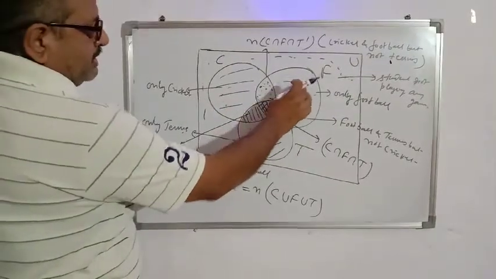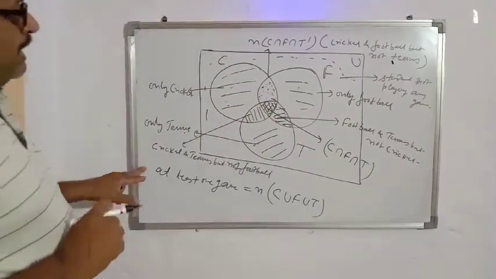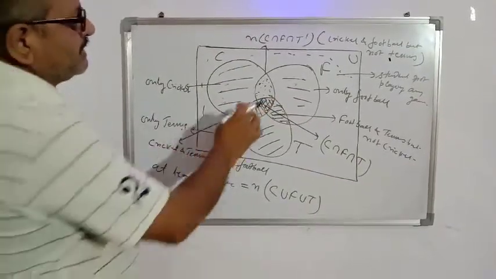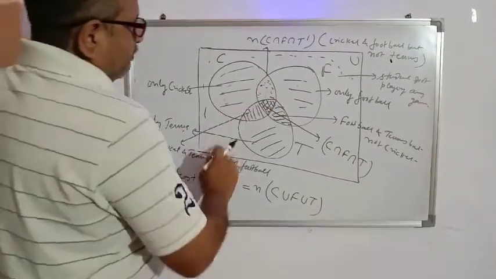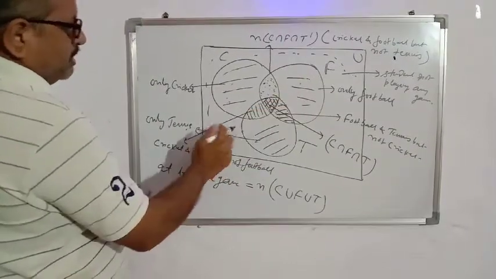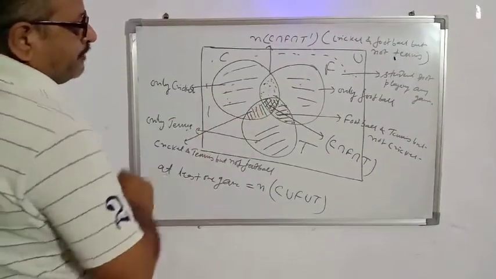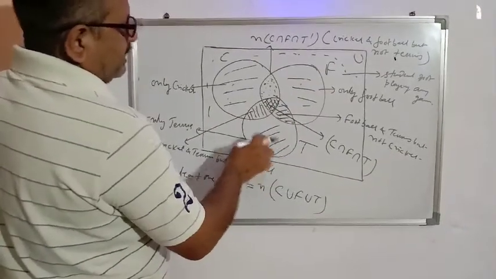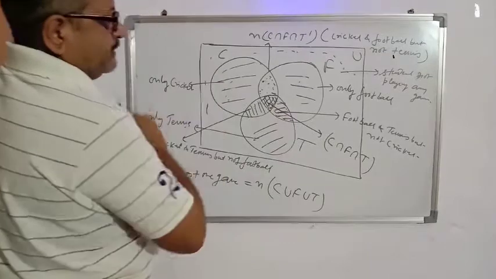Only football, this region. Only tennis, this region. The number of students who play cricket and football but not tennis, we will consider this region. Cricket and tennis but not football, this region will give. Similarly, football and tennis but not cricket, we will find this region.